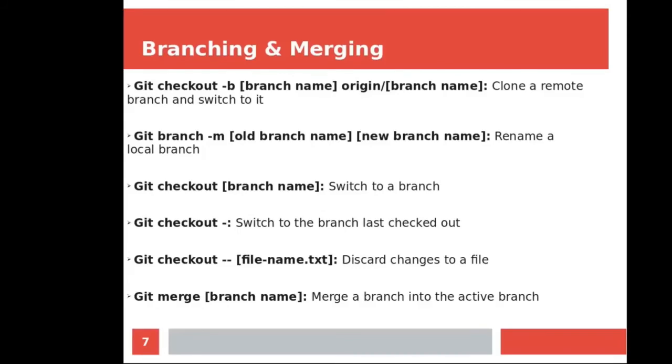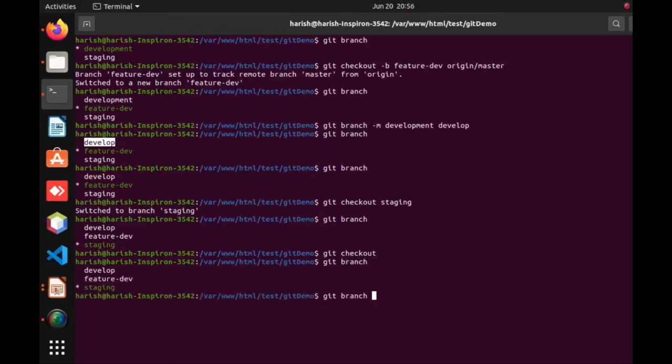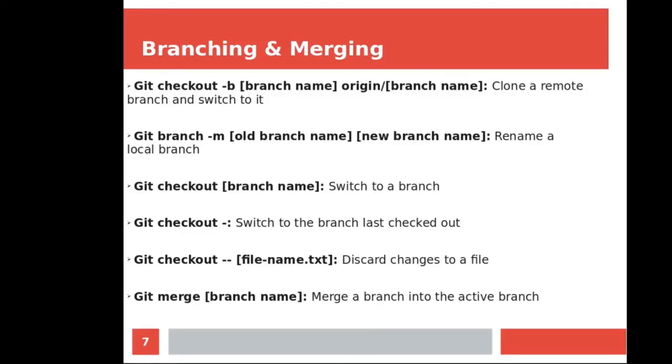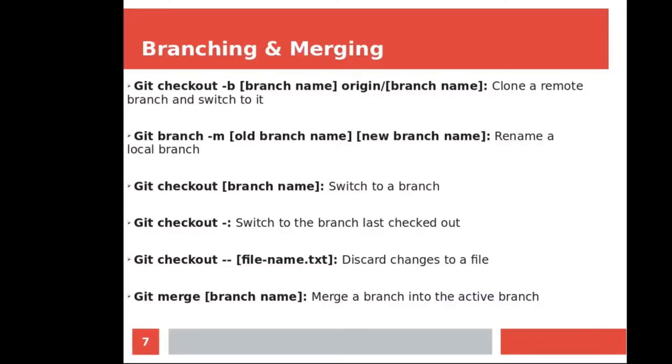And if you only execute git checkout -, it will switch you to the branch you were previously on. So it is showing the staging branch because the last checked out is the staging branch, so that's why it is switching you to staging.